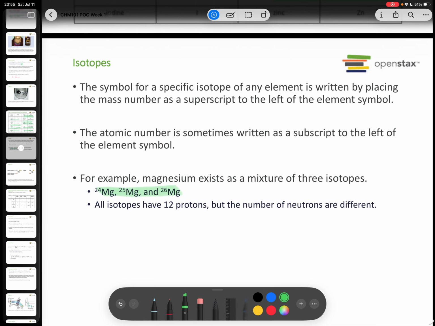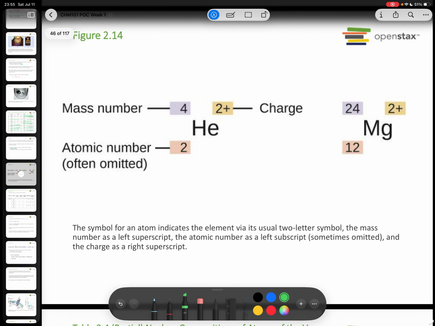All magnesiums have 12 protons. What differs is yung neutrons, no? Number of neutrons nila. So magnesium 24 has 12 neutrons. Magnesium 25 has 13 neutrons. Magnesium 26 has 14 neutrons. Okay? So applicable yan sa iba pang isotopes.